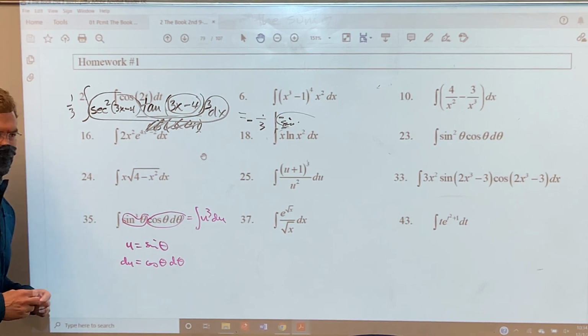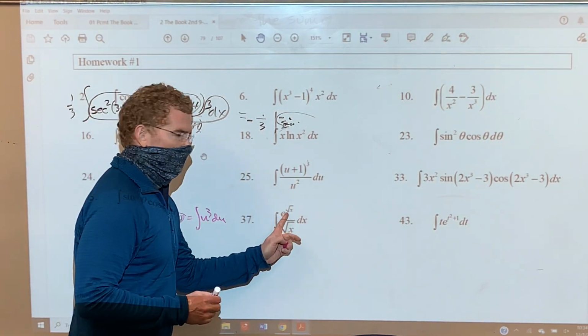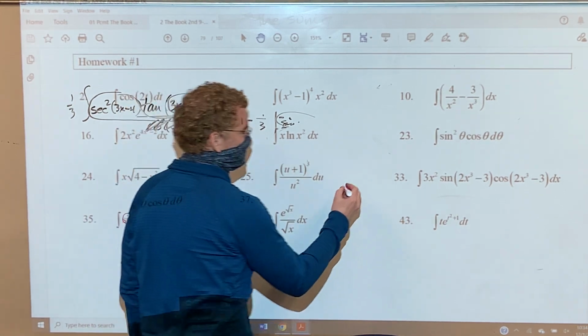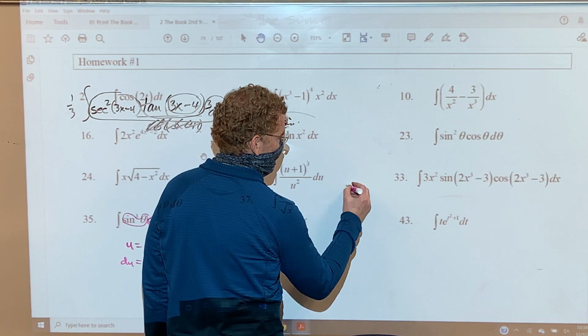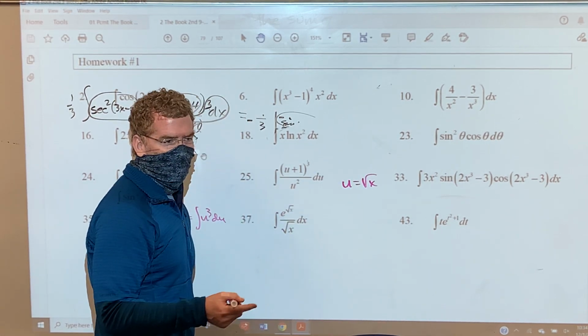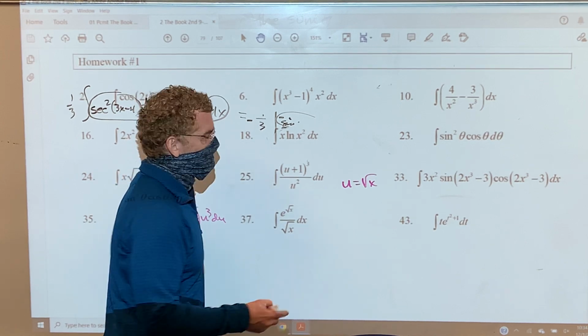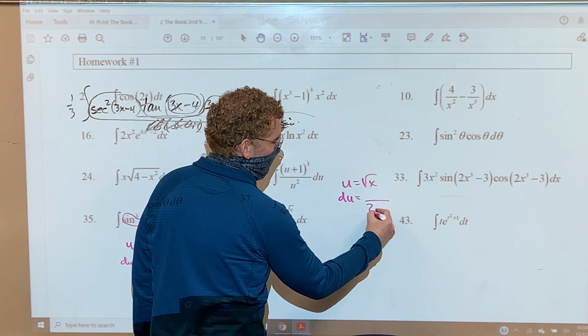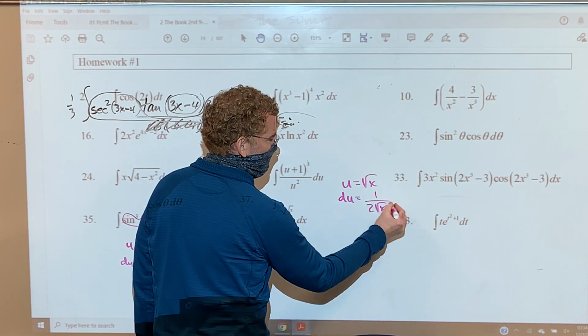Hey, y'all see 37? For those of you that don't remember my rule, when you take the derivative of root x and you're changing it to the 1/2 power, you're not gonna see this easily, but what was my trick for that? Double it on the bottom, derivative on the top.